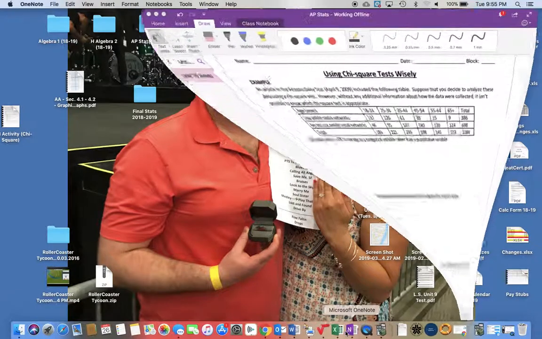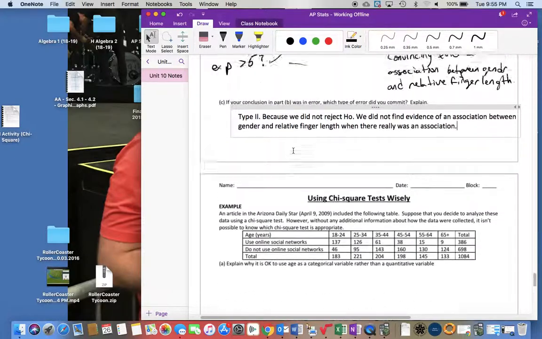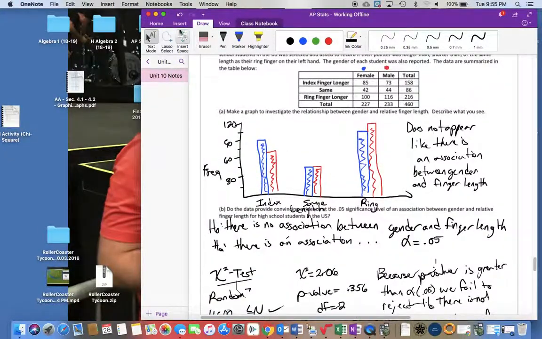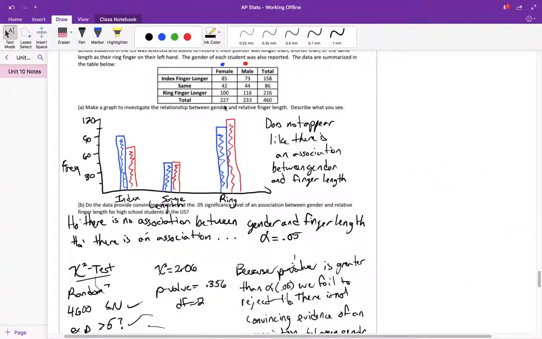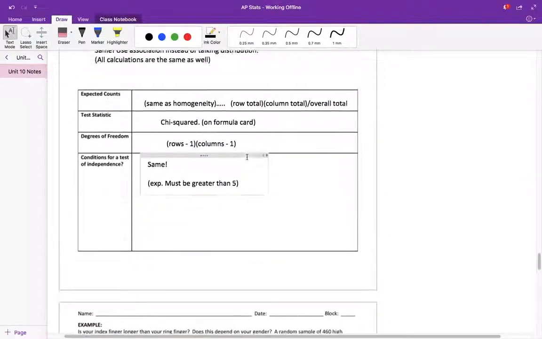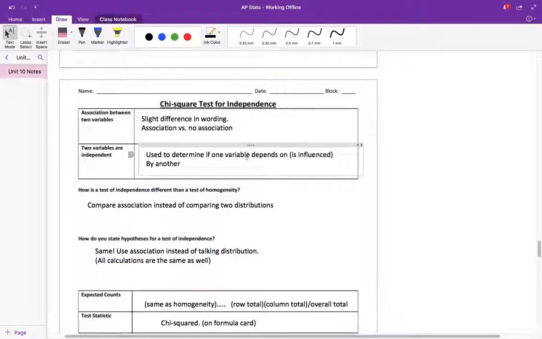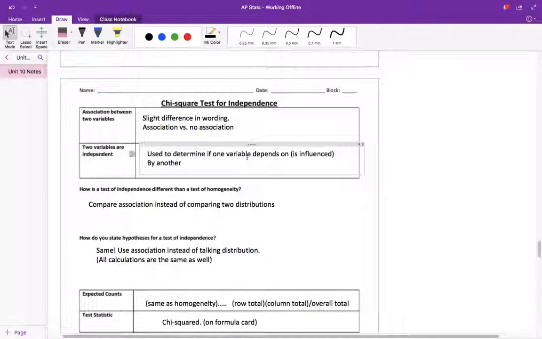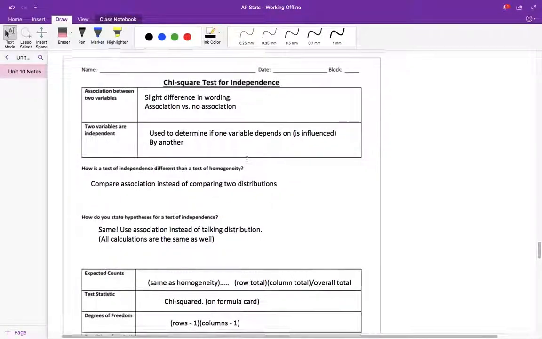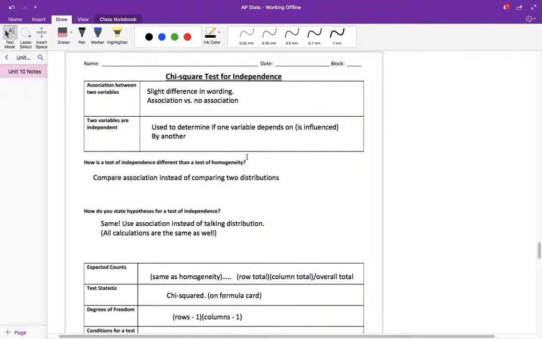All right, AP Stats. Where we just wrapped up was talking about chi-square tests for independence. Just as a review, we talked about that they were essentially the same thing as homogeneity, the big difference being your hypotheses being association and no association instead of comparing two distributions.